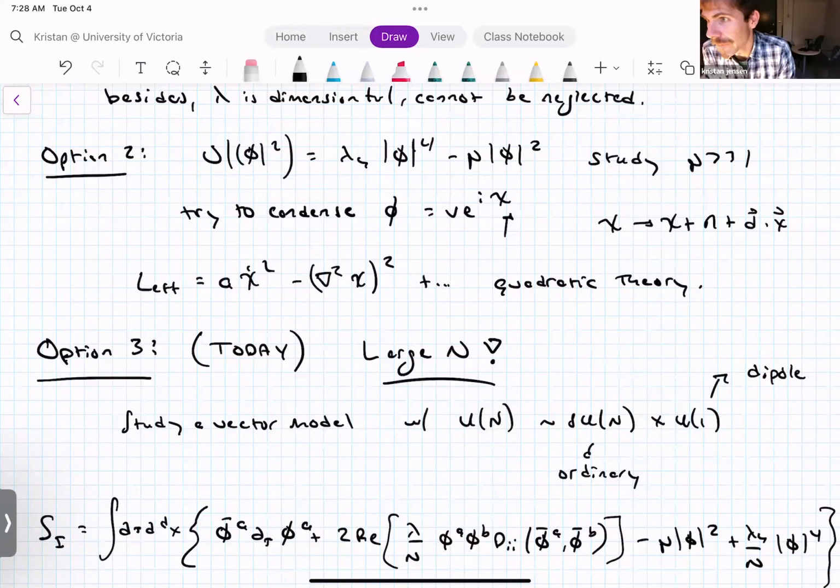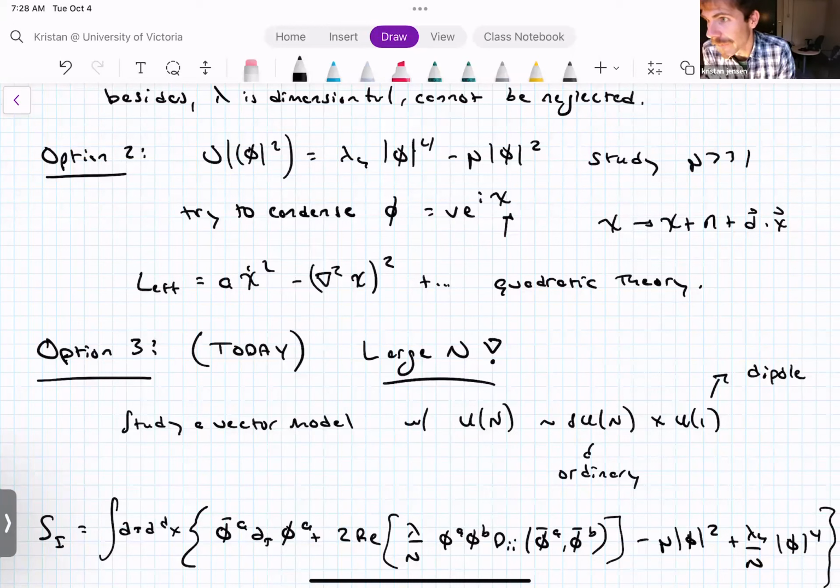This is like the simplest possible thing that you can write down that has a nice large n limit. I switched from real time to imaginary time, so I want to do finite temperature physics and zero temperature physics. I have a phi A, so my one time derivative term becomes phi bar dt phi with flavor indices contracted.